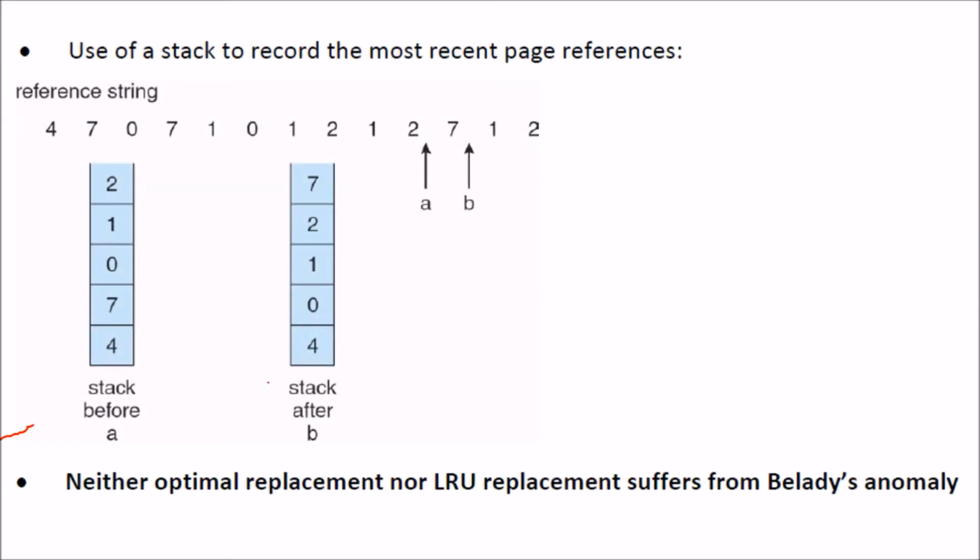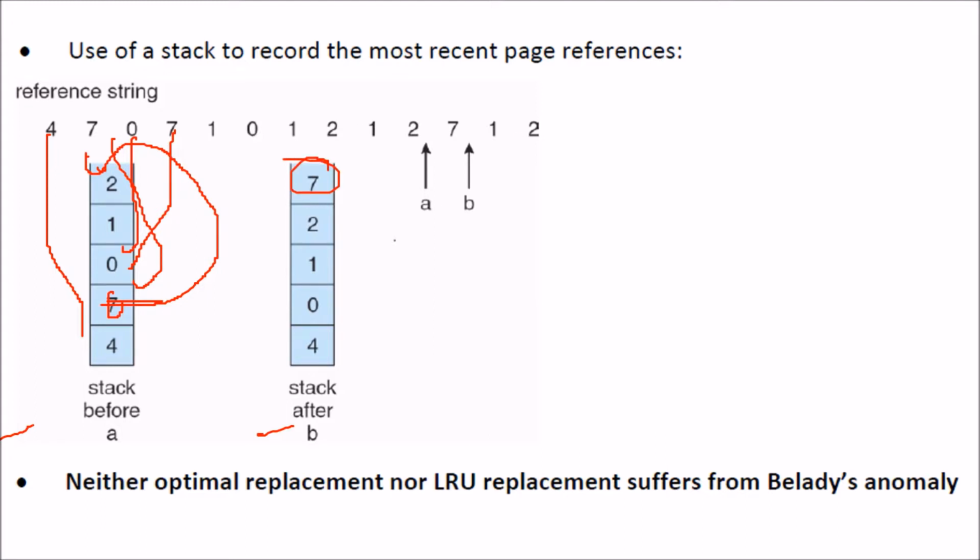This is the stack after B. Whenever a page is referenced, say 4 is referenced, then 7, then 0, then 7 has come again. When 7 has come, you have to swap it out, or in terms of stack, we do push and pop. So we will pop it out and put it on top. This is recently used. This is how it is done.